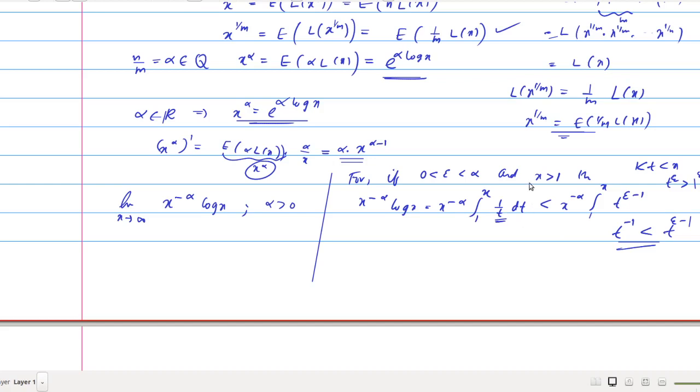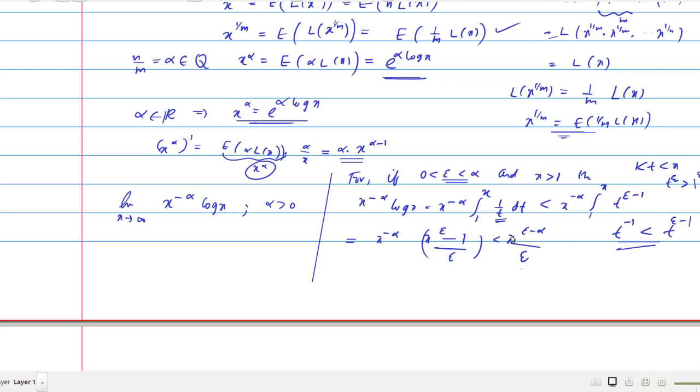Now the right hand side is equal to x raised to minus alpha times, by integrating, x raised to epsilon minus 1 divided by epsilon, which is less than x to the power epsilon minus alpha divided by epsilon. Since we have taken alpha greater than epsilon, epsilon minus alpha is always a negative number.